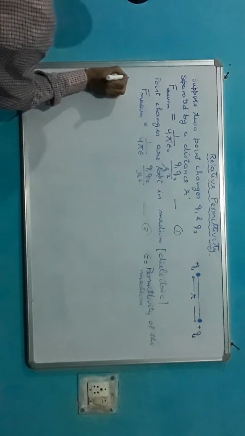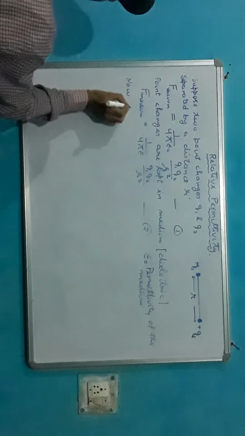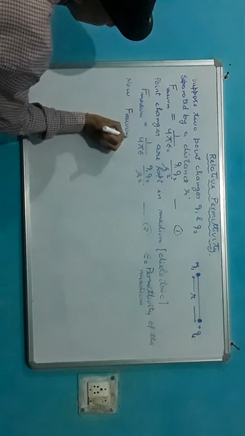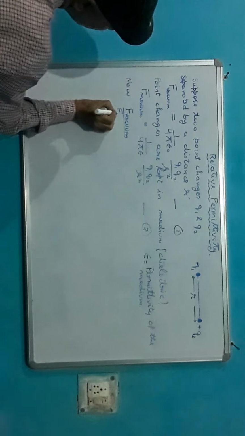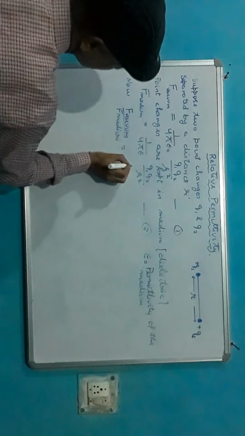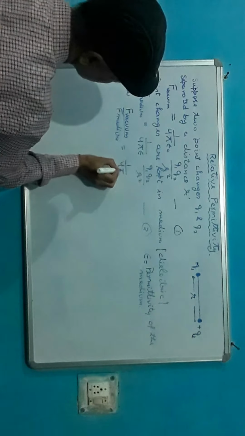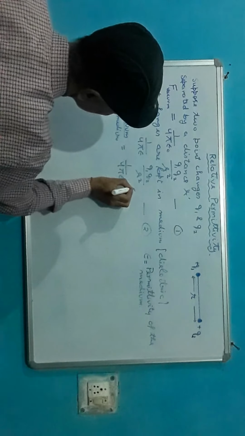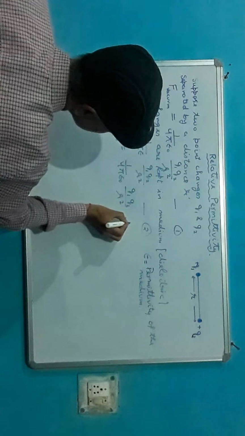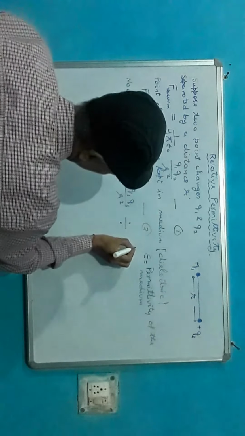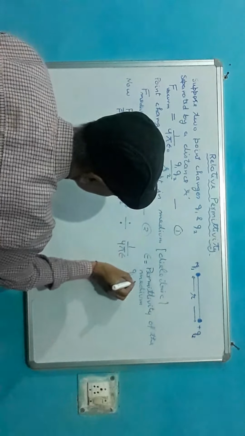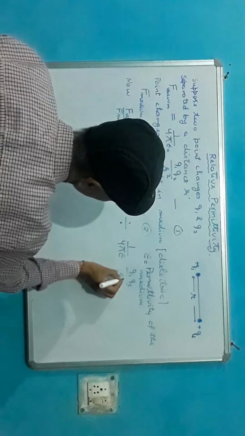When I divide F vacuum by F medium, let us see what result we get. F vacuum is 1 upon 4 pi epsilon naught, Q1 Q2 upon r square, divided by 1 upon 4 pi epsilon, Q1 Q2 upon r square.